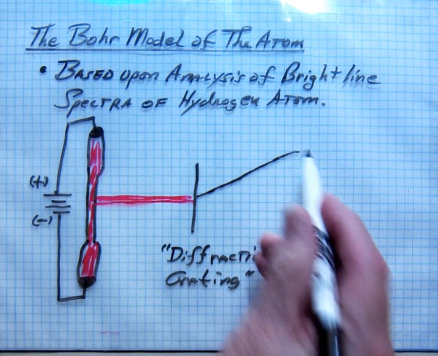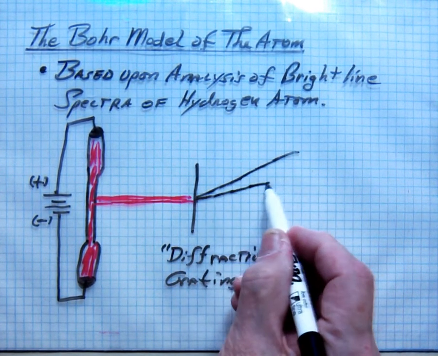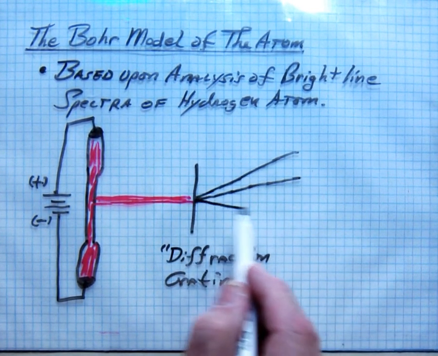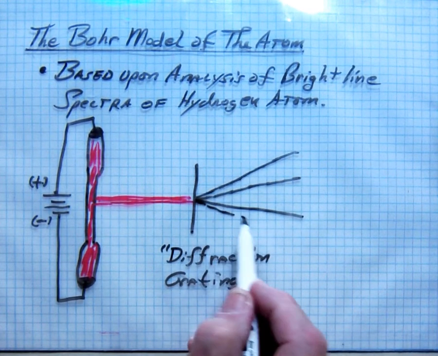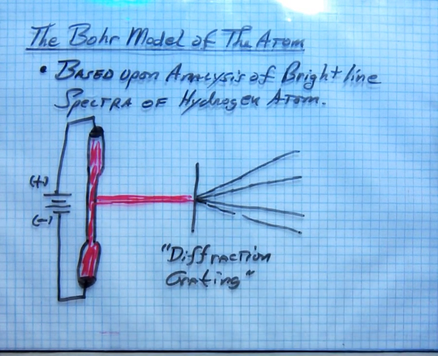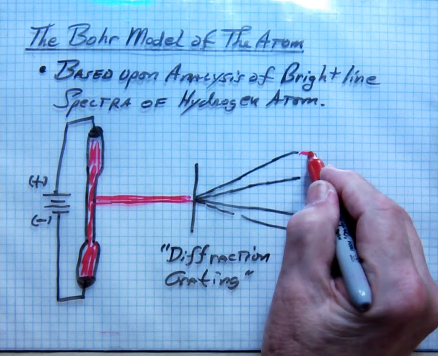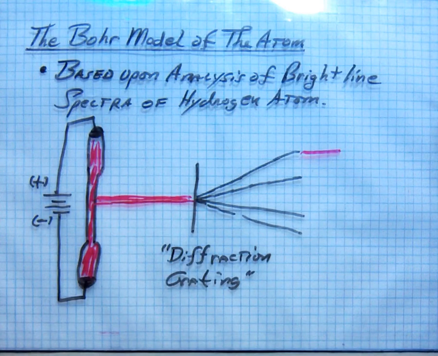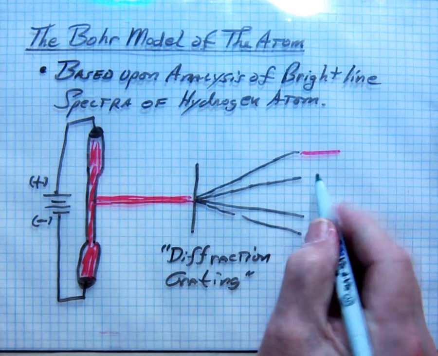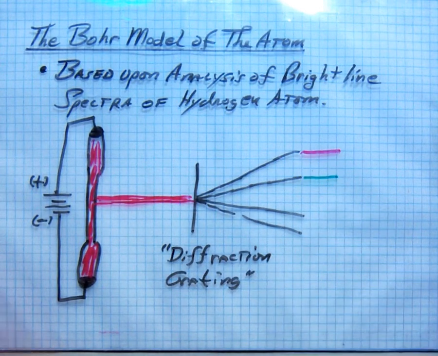You have 1, 2, 3, and 4 lines generated out of this. You have a red line, as I showed you earlier, a green line, a blue one. I'm going to do my blue line. Here it is.